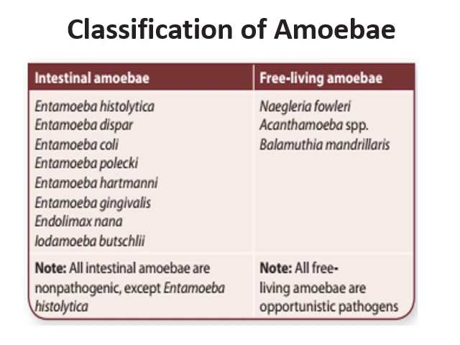The others are non-pathogenic. And we have free-living amoebae like Naegleria and Acanthamoeba species. They are free-living, but when exposed to humans they are opportunistic pathogens and produce serious disease.